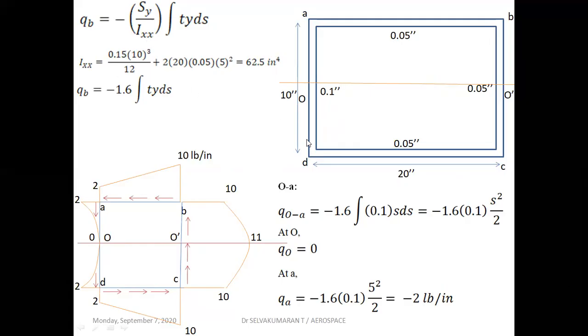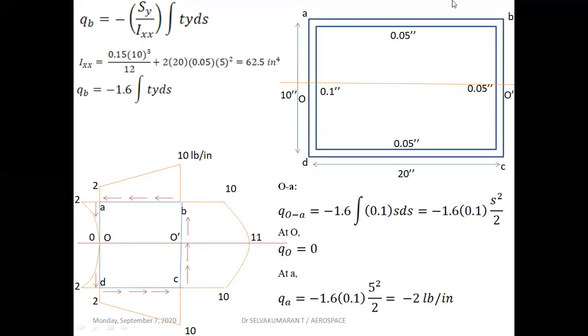Now you can see here 0.1 b d cube by 12 plus b d cube by 12, that is 0.1 plus 0.05, 0.15 into 10 cube by 12, plus this term b d cube by 12, 20 into 0.05 cube, that is thickness cube. We can neglect the higher powers of thickness like t square and t cube.